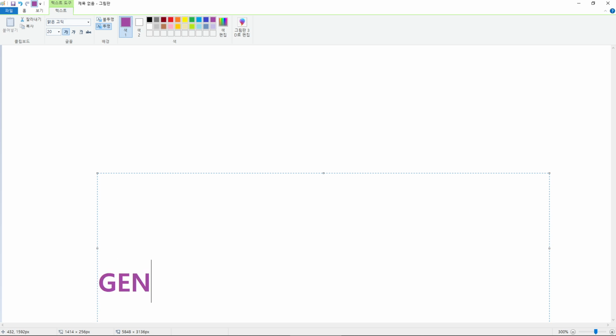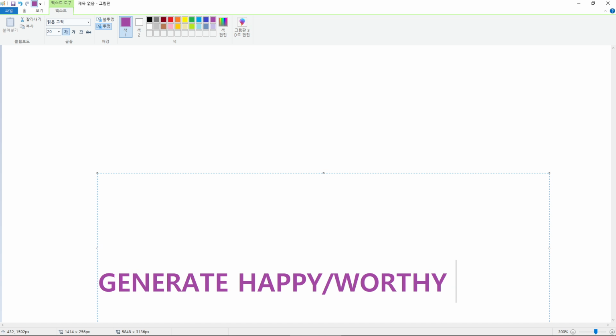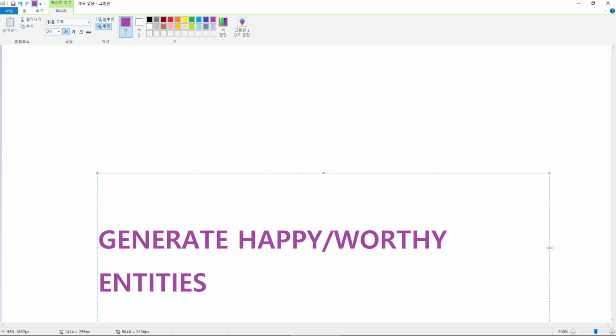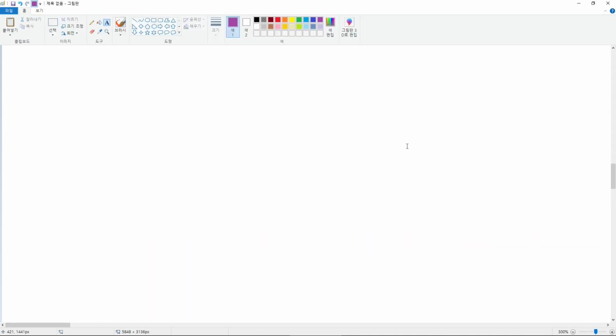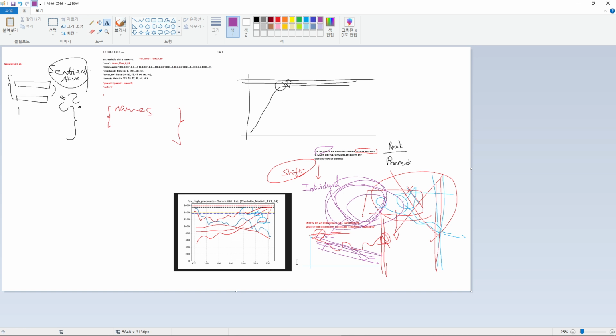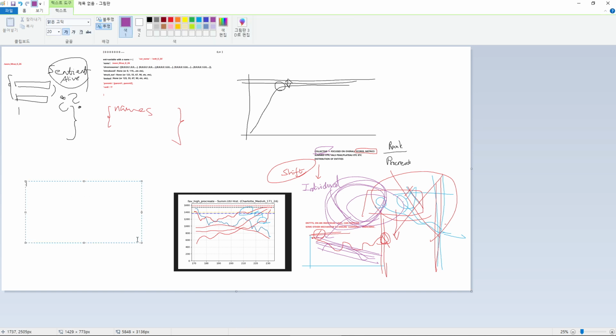I'm doing this to generate happy or worthy entities. There's a difference. Where did my thing go? Oh my god. I'm so bad at this.